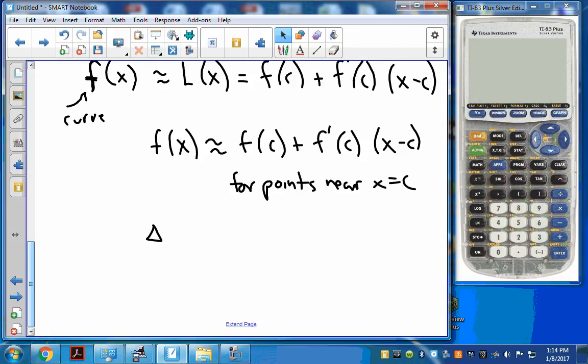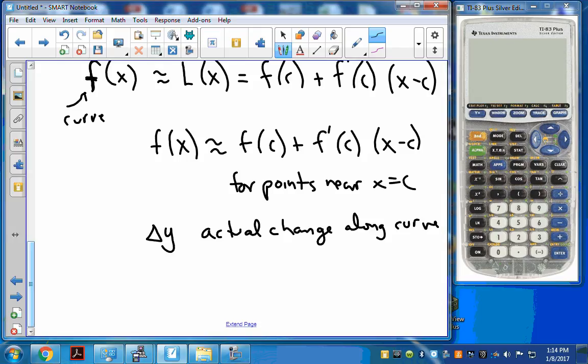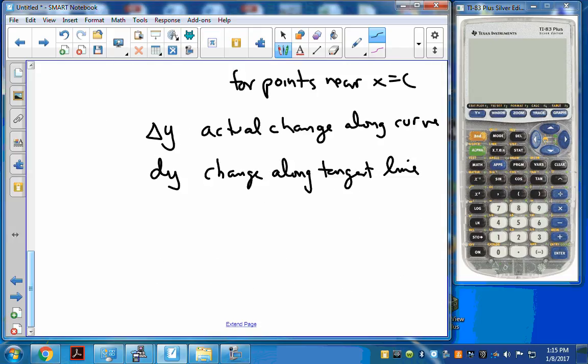Whenever you see a delta, delta y is the actual change along the curve. And dy is the change along the tangent line. Because the tangent line is close to the curve, oftentimes these are close to one another.